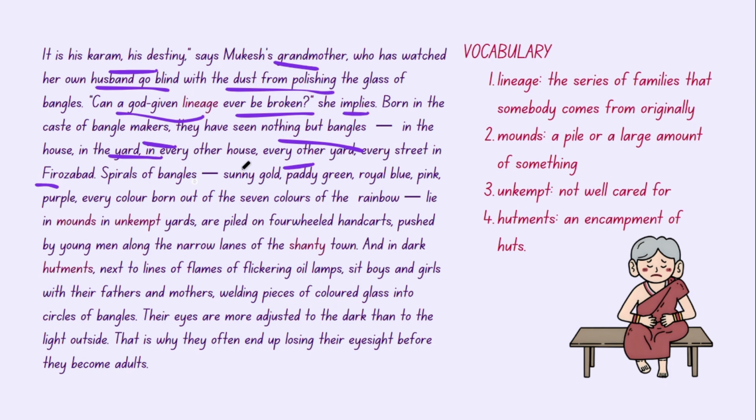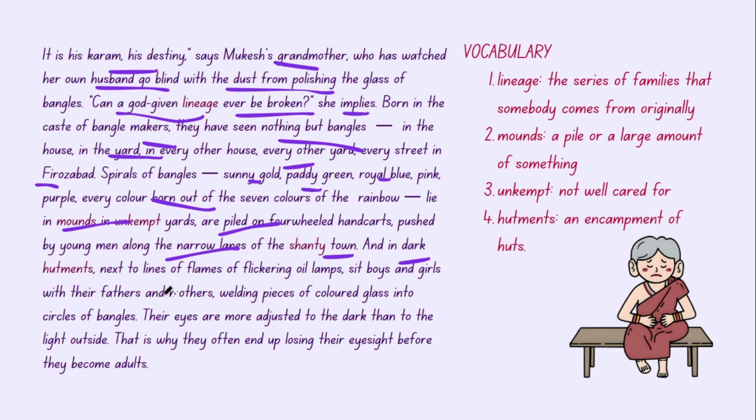Spirals of bangles, sunny gold, paddy green, royal blue, pink, purple, every color born out of the seven colors of the rainbow, lie in mounds, in unkept yards, are piled in four-wheeled handcarts, pushed by young men along the narrow lanes of the shanty town.